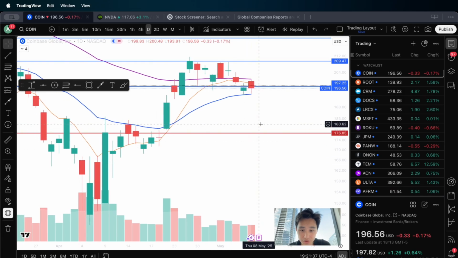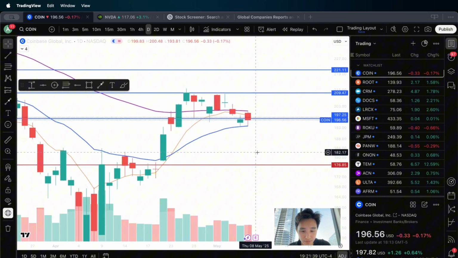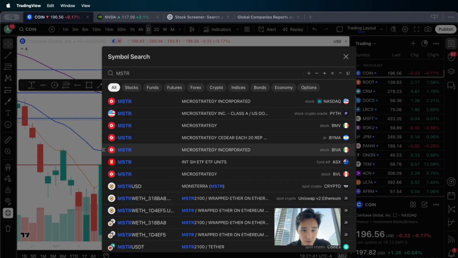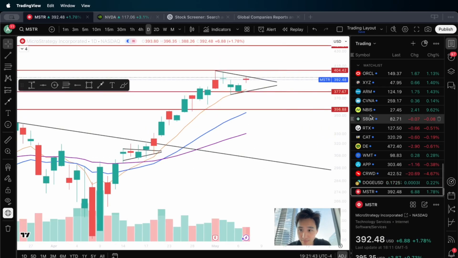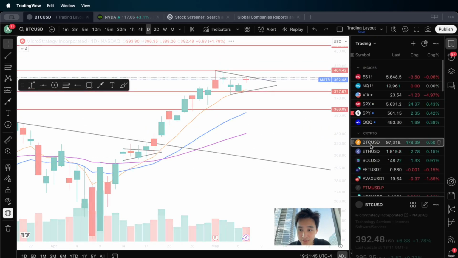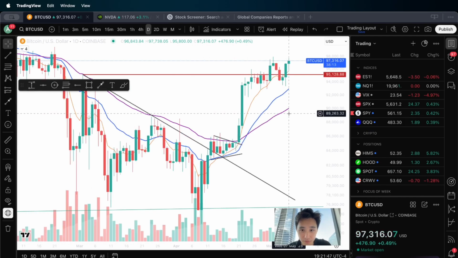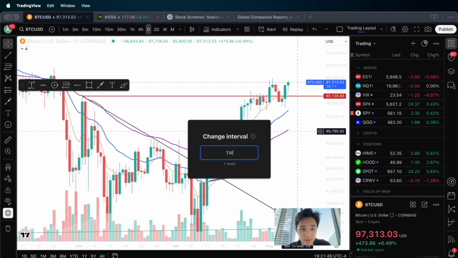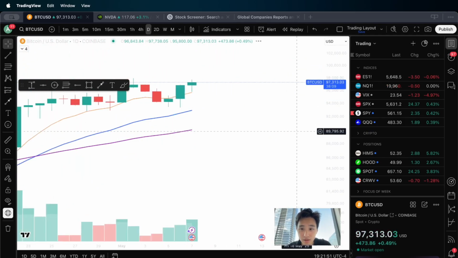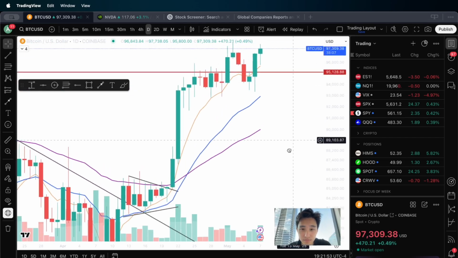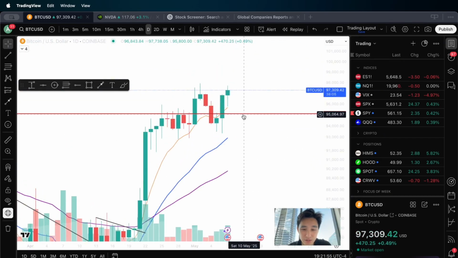Coin does report too, so I think maybe crypto's waiting for Coin to report, and then maybe it'll do something from there. But for MSTR, I would just look at Bitcoin and see what Bitcoin's doing, since that's literally all they hold. As long as we stay above this 95 area for Bitcoin, I think we test 100,000 really, really quickly.